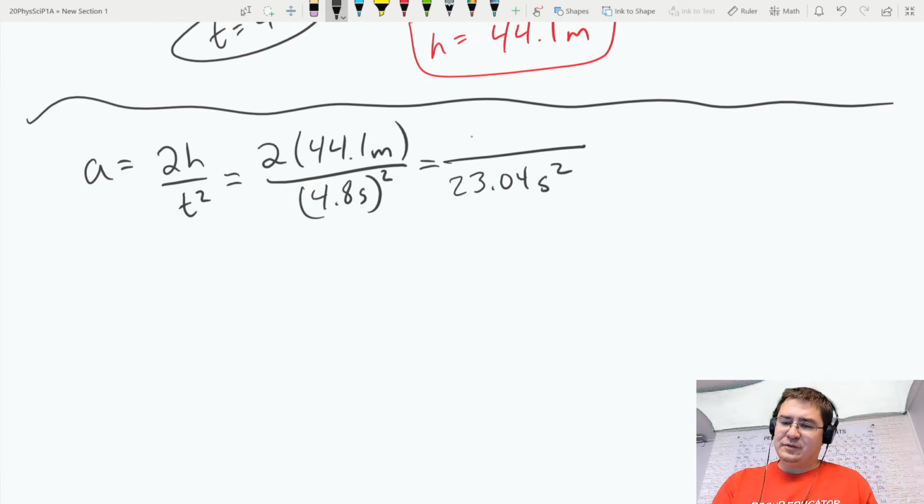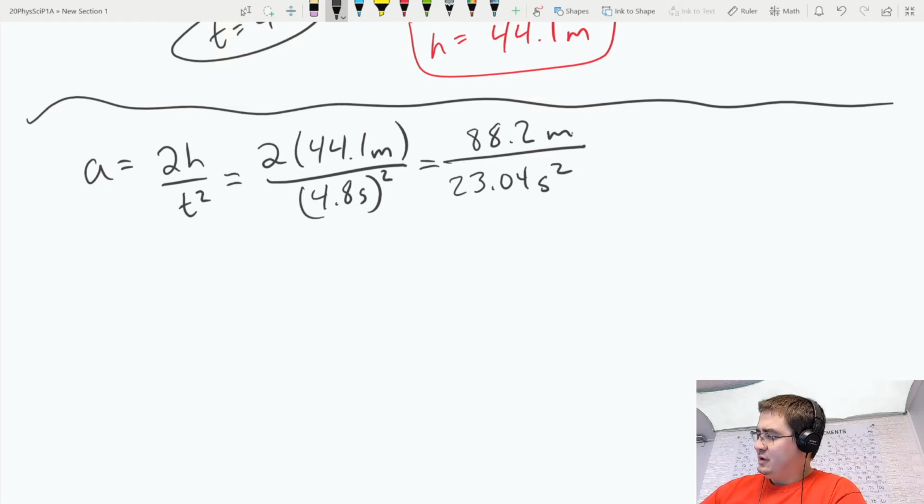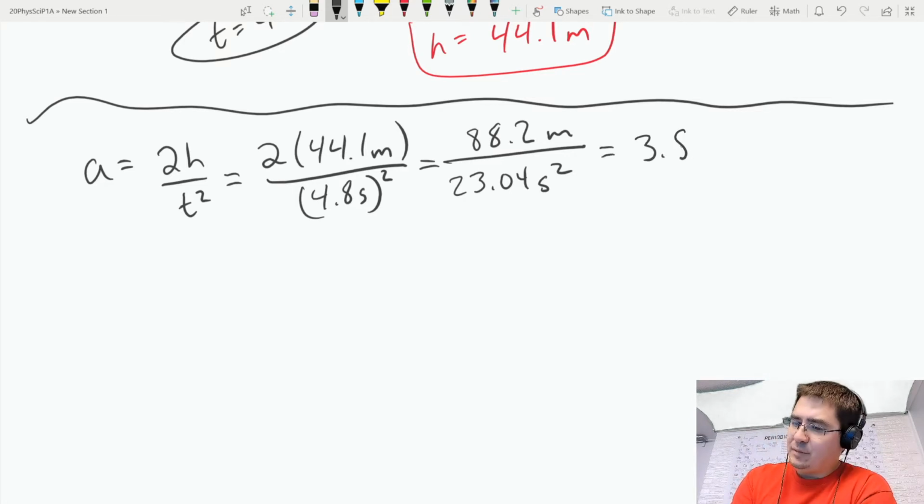And then 2 times 44.1 is 88.2. So now that I've got that squared taken care of, I can do 88.2 divided by 23.04. And I get 3.82 meters per second squared.